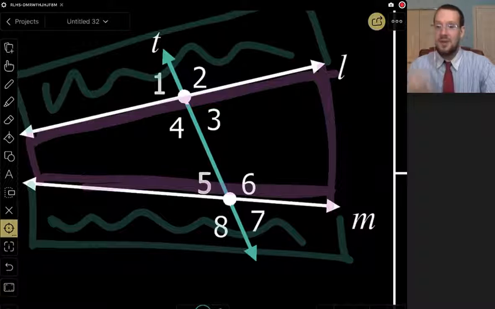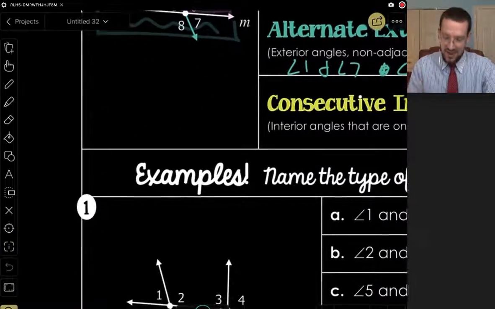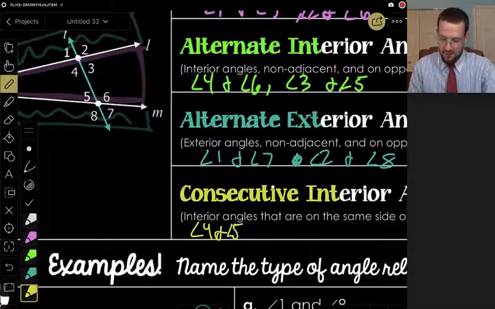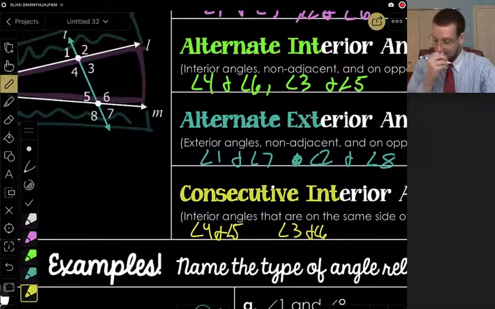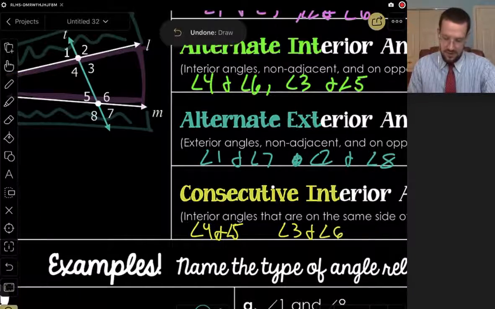They're the opposite of alternating. They happen right in a row, not every other one. So 4 and 5 are consecutive and they're in the interior. 3 and 6 are consecutive and they're in the interior. So our consecutive interior angles are angles 4 and 5 and angles 3 and 6.